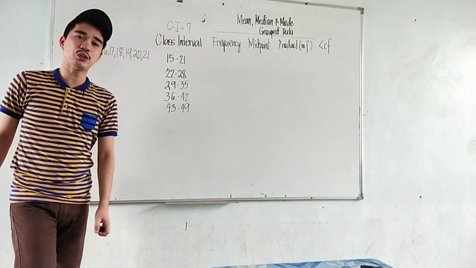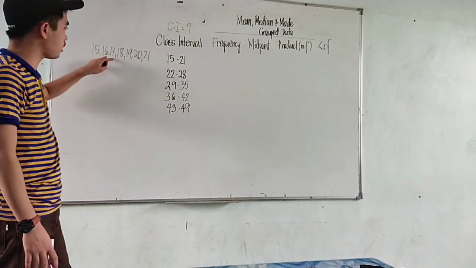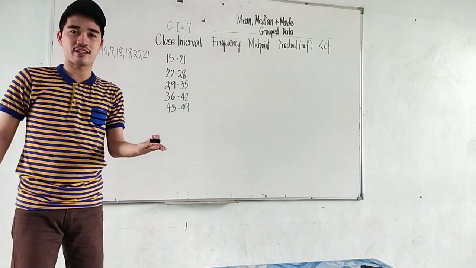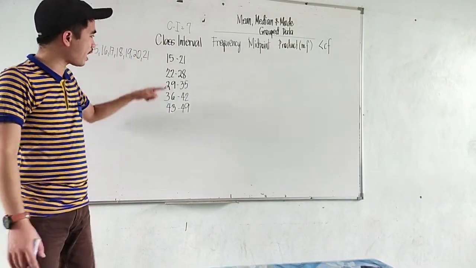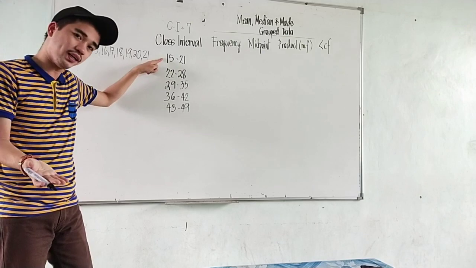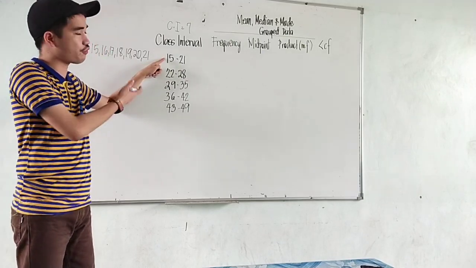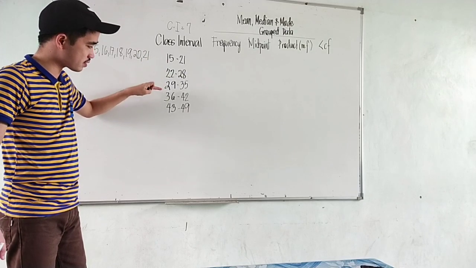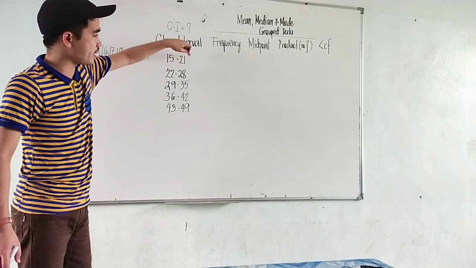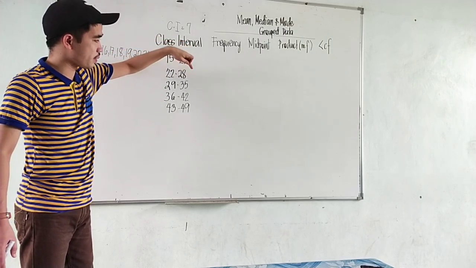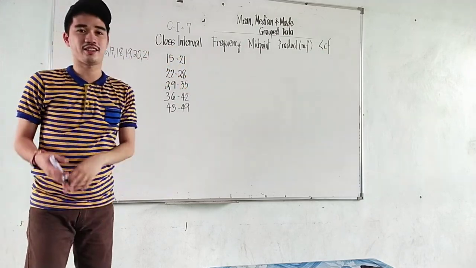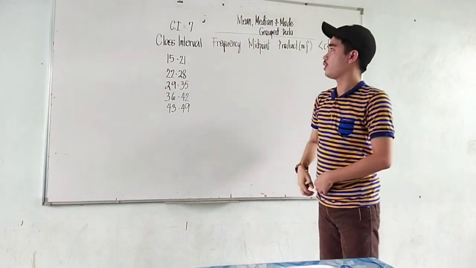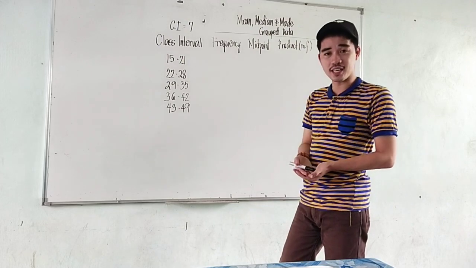Kung bibilangin po natin, 1, 2, 3, 4, 5, 6, 7. So we add 7 plus 7 plus 7 plus 7. On the right side, 7 plus 7 plus 7 plus 7 plus 7. So that's correct.